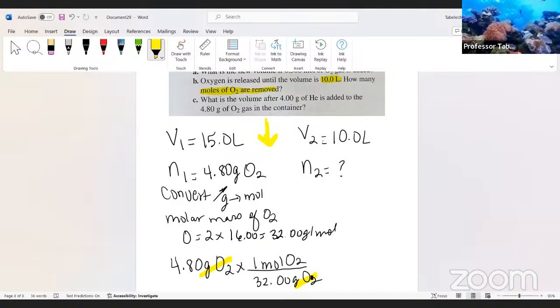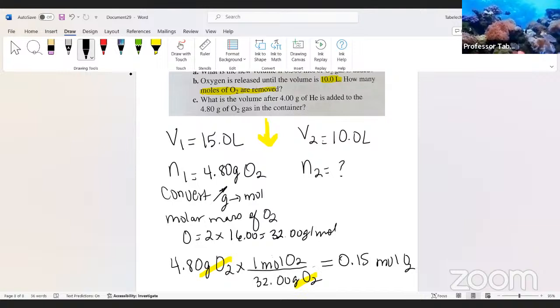All right. So now you've got 4.80 divided by 32.00, and we get 0.15 moles of oxygen. Okay, that's what you get. That's the moles, but you know what you have to do.